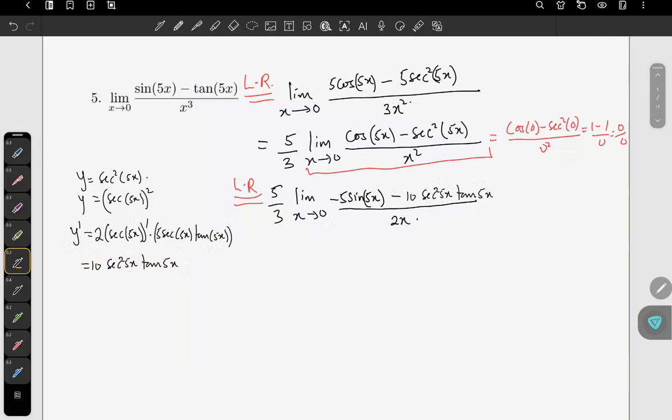And in this case, I can factor out 5 and 2.